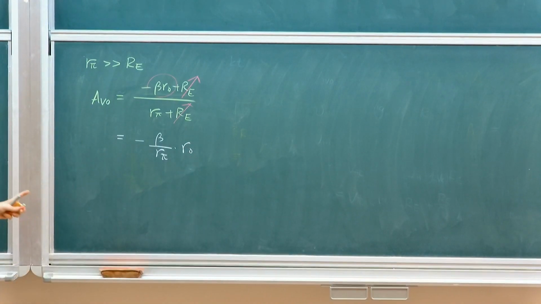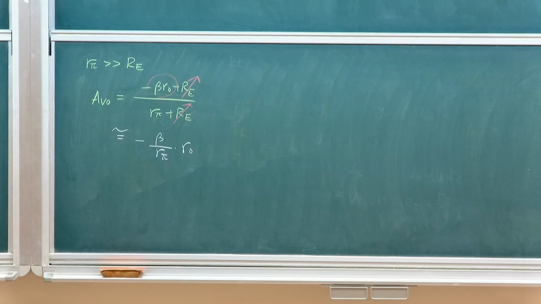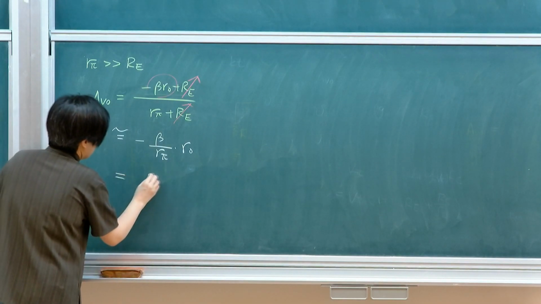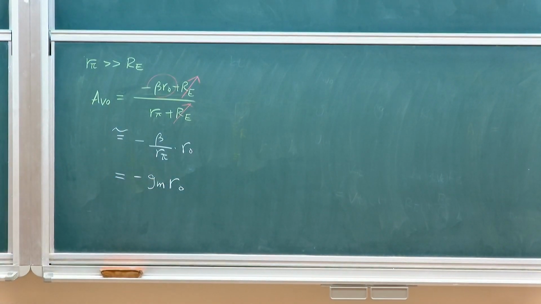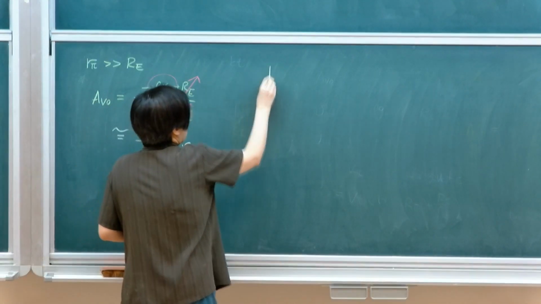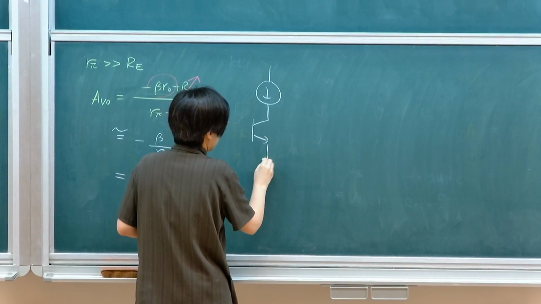So what is this? Once again, beta over R pi, that's what? Correct. Surprisingly, if you open the output, meaning you're connecting to an ideal current source, this is simply this circuit.